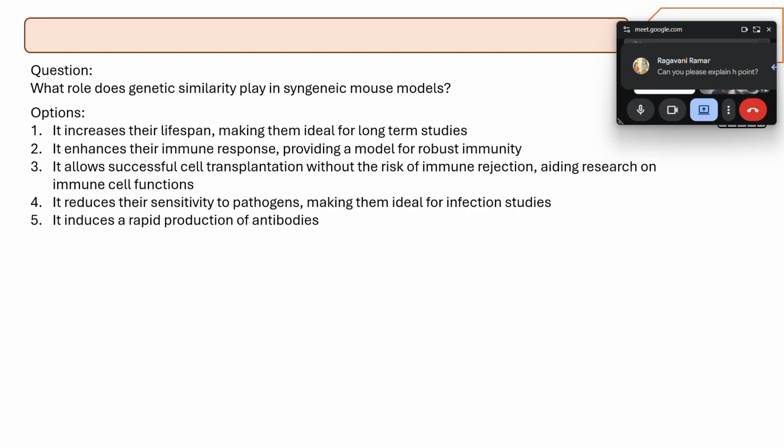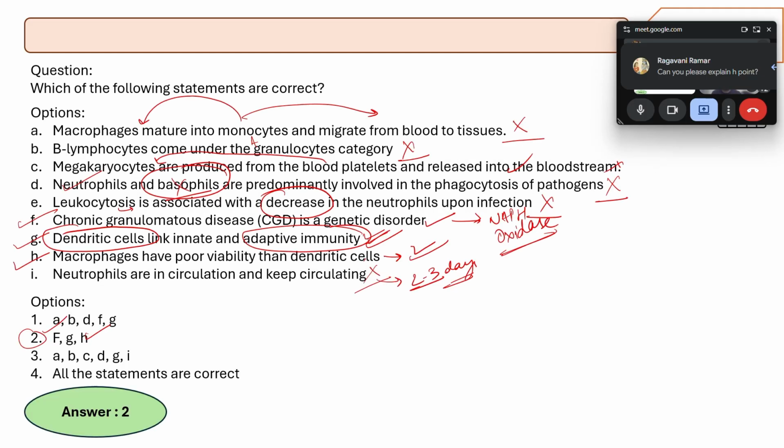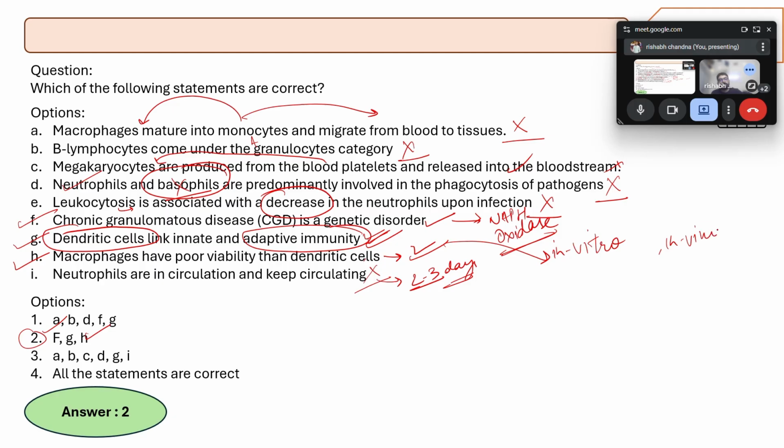What role does, okay, H point: macrophages have poor viability than dendritic cells. So what happens is there are two conditions here. First is in vitro and second is in vivo conditions. The dendritic cells have a lifespan of, I think, 10 to 15 days.